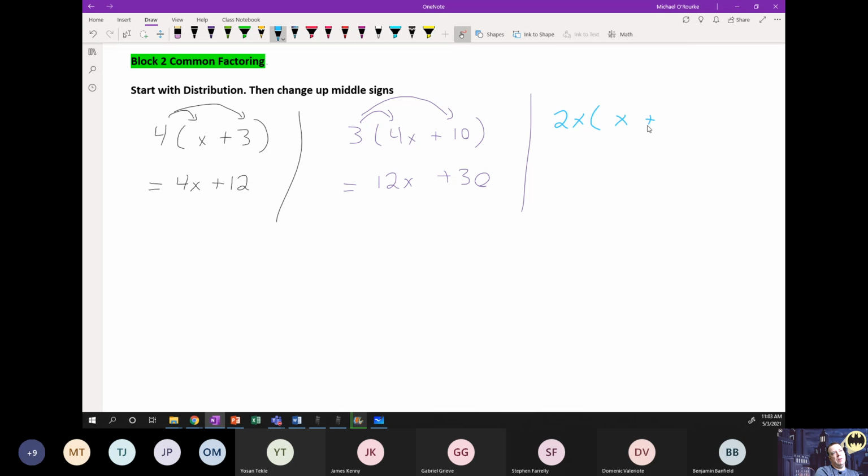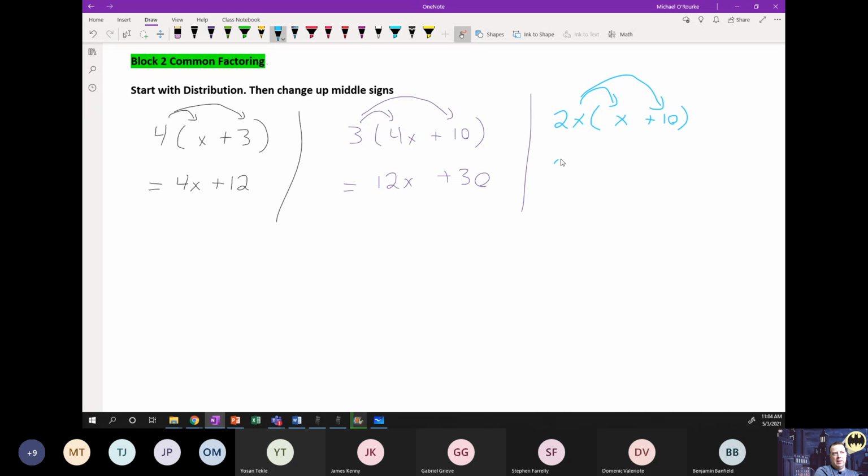What would be the answer for this one? You guys give me the answer for this one. What's that going to equal? You're halfway there, Farley. You're missing one component of that. Very good.